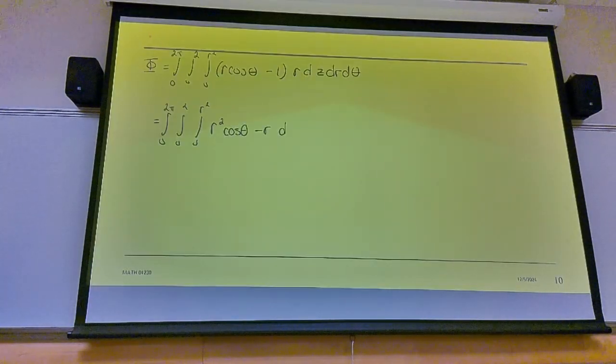Let's do two integrals at once. That r squared cosine theta integrates to 0. There's no other thetas, so you can factor out a 2 pi. Oh, there's also not a z. What's the length, 0 to r squared? R squared.